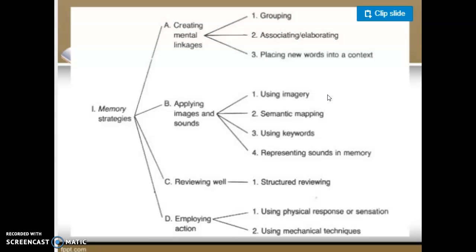And then reviewing well, and employing action like using physical response or sensations, using mechanical techniques. Physical response is something like asking the students to do something by using movement. It is close to the kinesthetic style of learning.